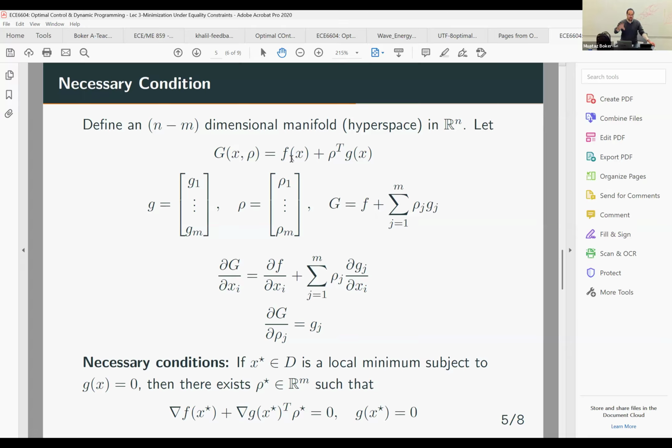Okay, and then we are going to minimize this equation as if it's unconstrained, as if there is no constraint, right? And how are we going to do that? This is linked by the Lagrange multiplier, rho transpose. Okay. In this general case, the Lagrange multiplier will be multipliers. We'll have m number of multipliers, one for each constraint. Okay? So we have m number of constraints and m number of multipliers.